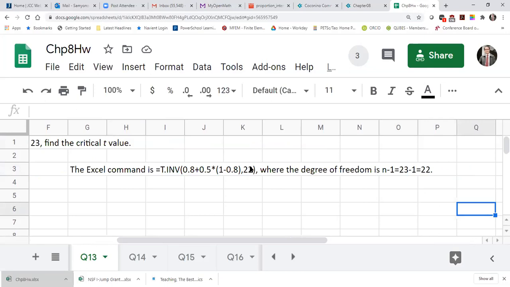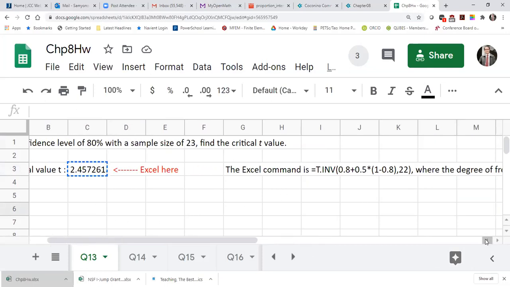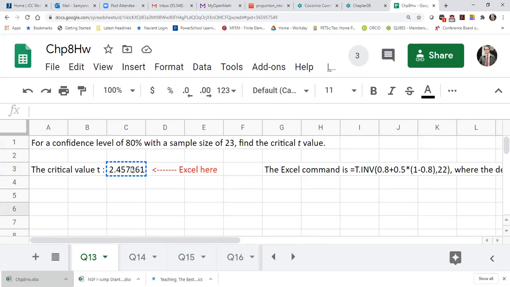So 22 is the degree of freedom, which is the sample size subtract 1. Because your sample size is 31, you subtract 1 and you get 30, right? So that's why you put 30 there. So if we have sample size 31, the degree of freedom is 30.